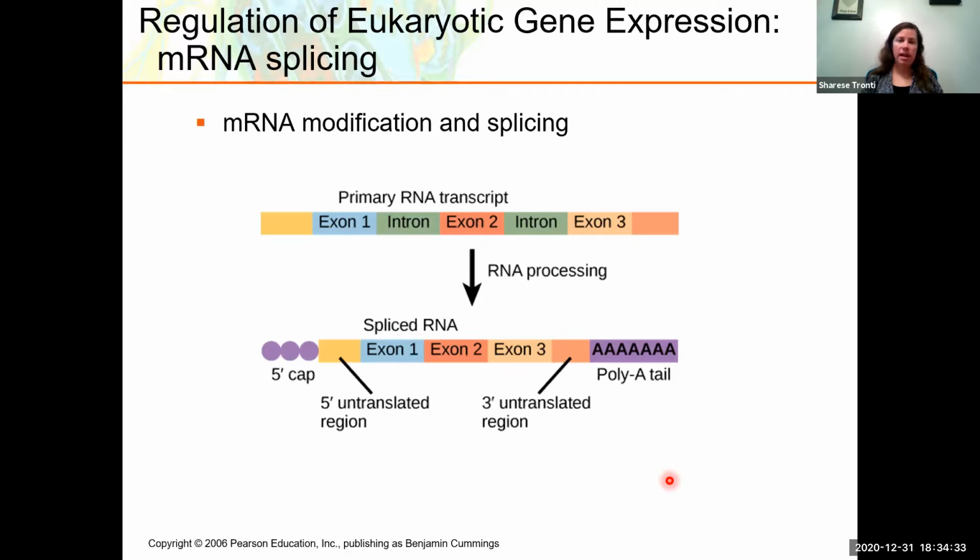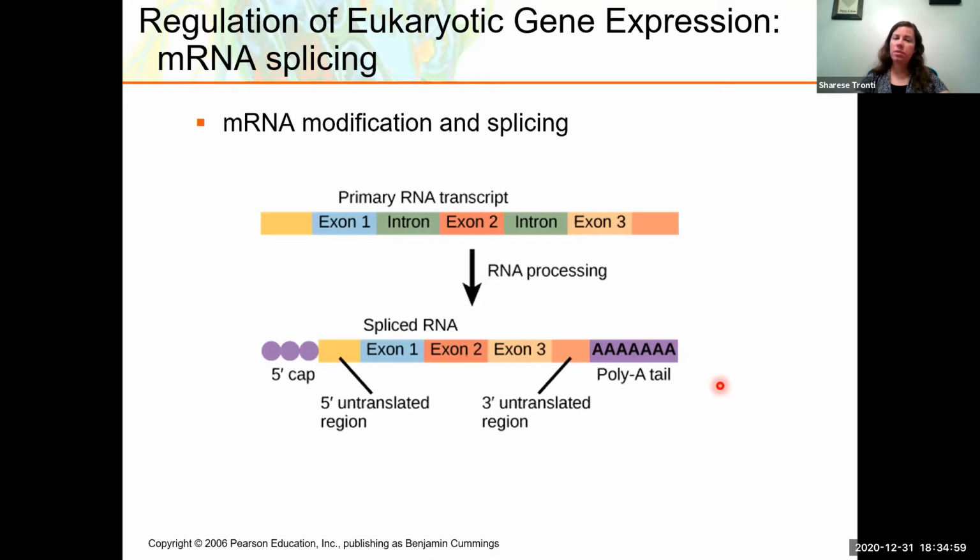So a couple of things that happen in eukaryotes, we're going to add a 5' cap and add a poly A tail. These two things help to increase the life of mRNA, and help to protect it. It also is going to help the cell recognize its own mRNA as opposed to, say, viral mRNA.